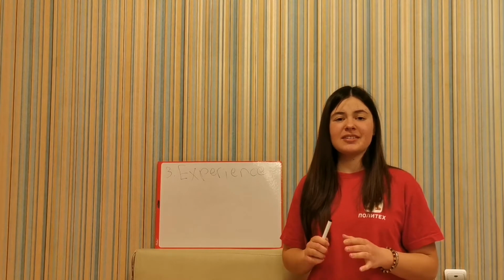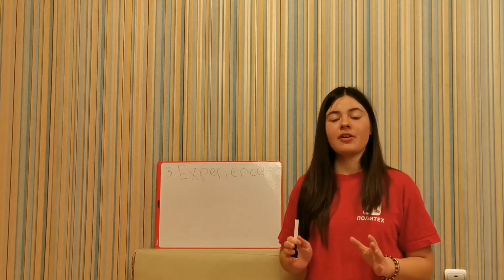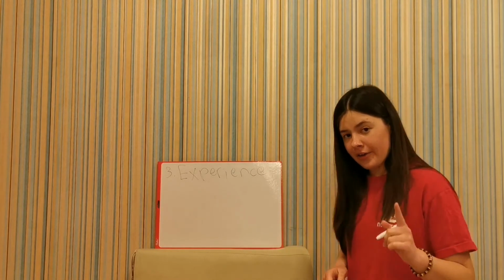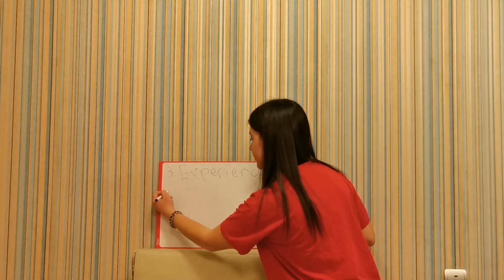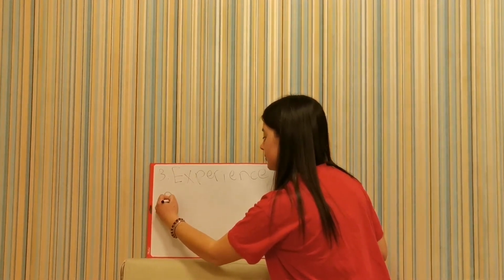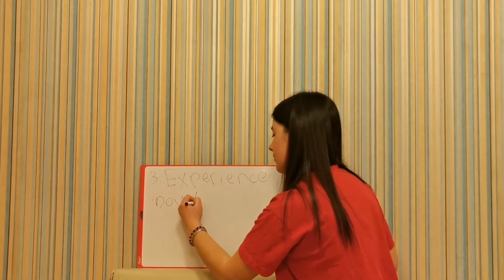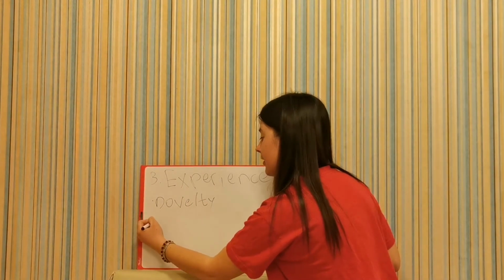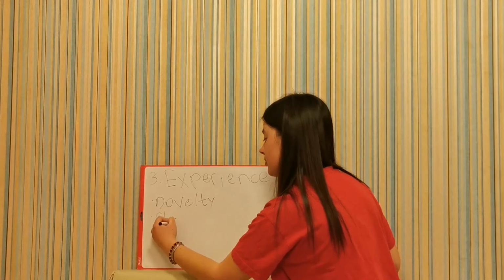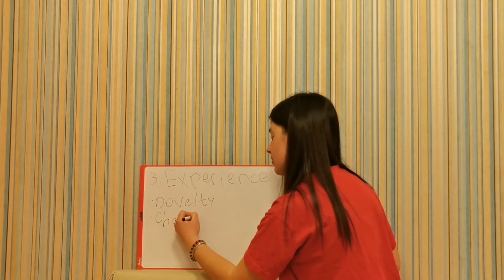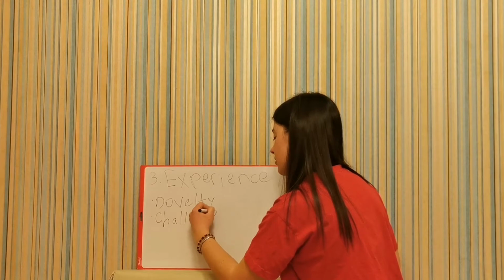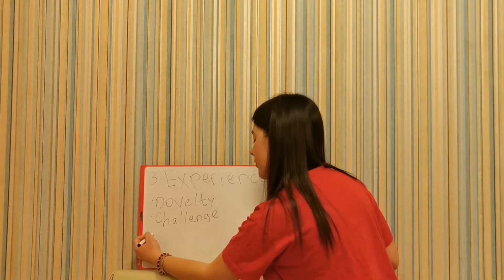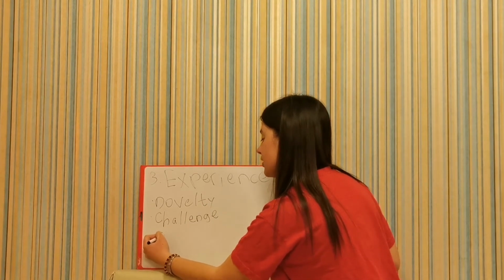Actually, we as human beings value a set of universal things. Here they are. Number 1 is novelty. Number 2 is challenge. Number 3 is relaxation.